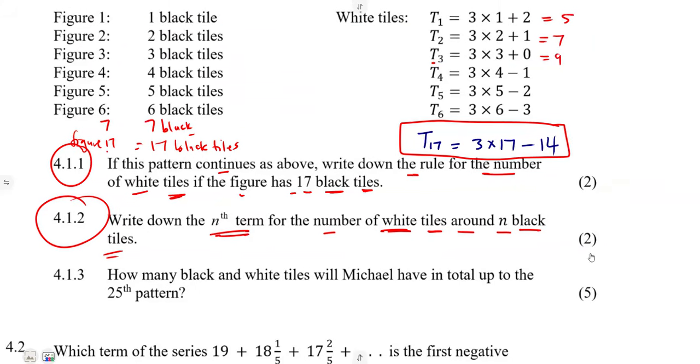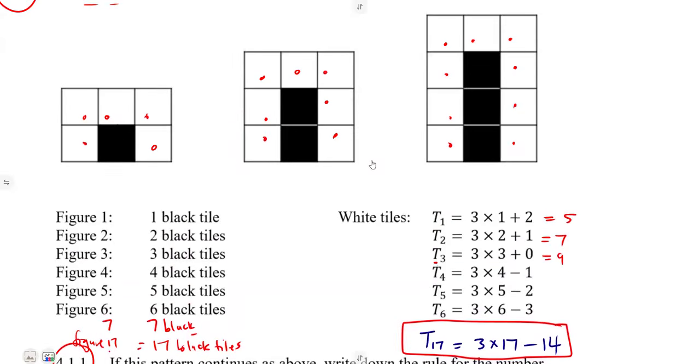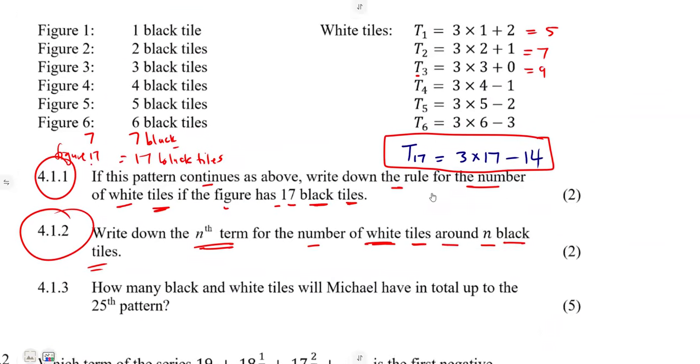Here we're now talking about the white tiles, where T1, the first term, gives us a 5, T2 gives us a 7. How many white tiles do we have?